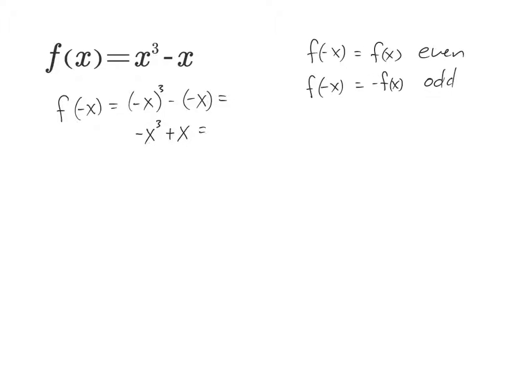Now, if you factor out a negative out of both of these, you'll get negative x cubed minus x. And if you notice, this right here is exactly the same thing as this right here, but I have a negative out here, which means I end up getting the negative of my original function, which means that this function right here is odd. So now let's graph it.